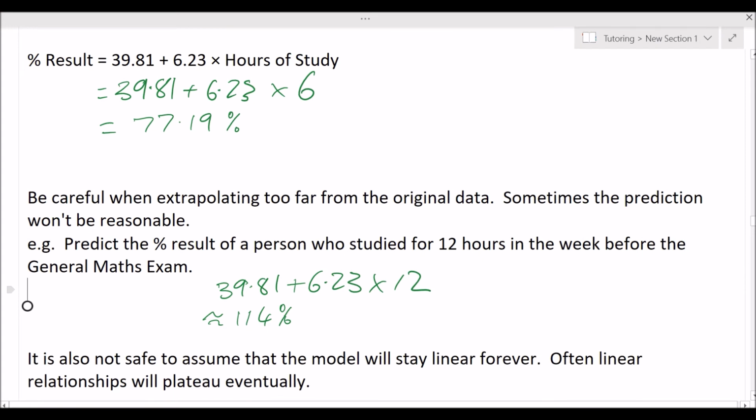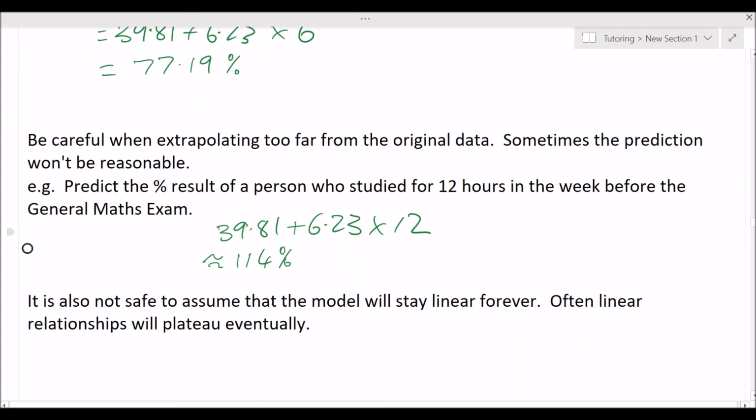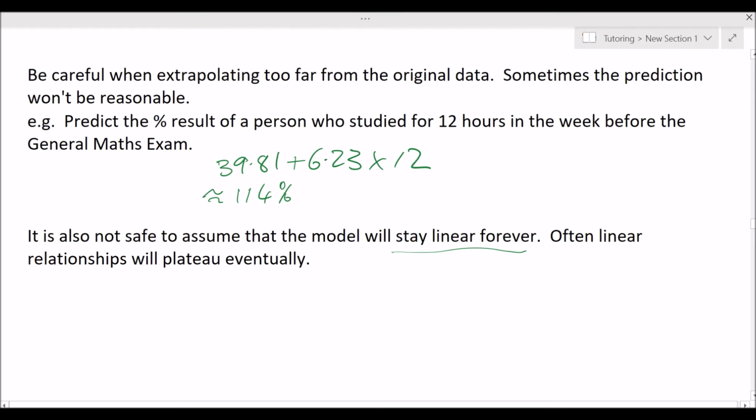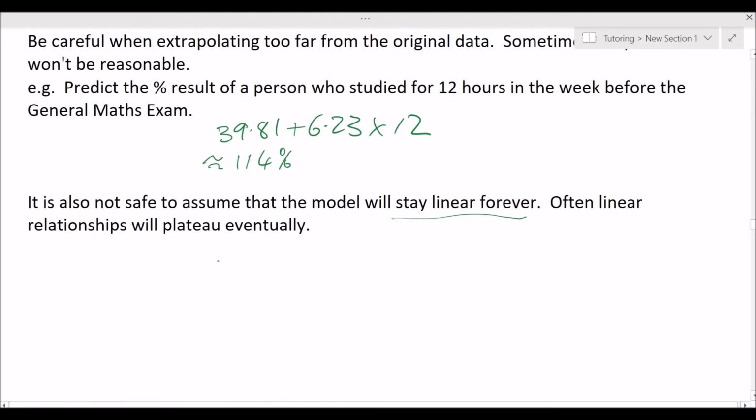Now, the other reason you might have to be careful is that the model that you're using, the scatter plot and the model, might not stay linear forever. It might just be that at this point in time it follows a linear model, but later on it plateaus or changes in some way that it becomes non-linear. A common example is a learning curve or a training curve. Let's say you're trying to get better at a sport, or you've just started strength training or something like that.